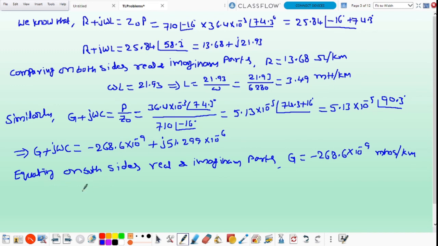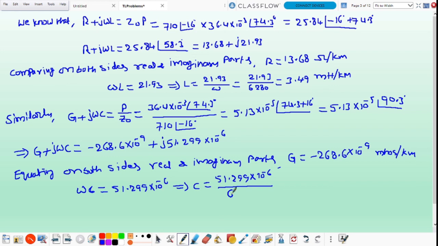On the LHS the imaginary part is omega C, and on the RHS the imaginary part is 51.299 into 10 to the power of minus 6. The capacitance C is equal to 51.299 into 10 to the power of minus 6 divided by omega.